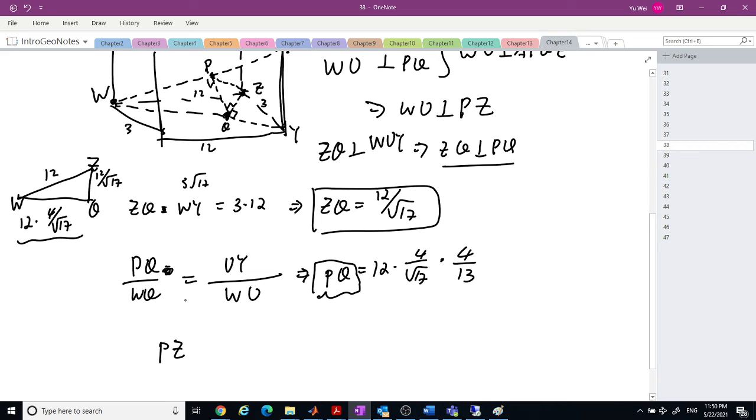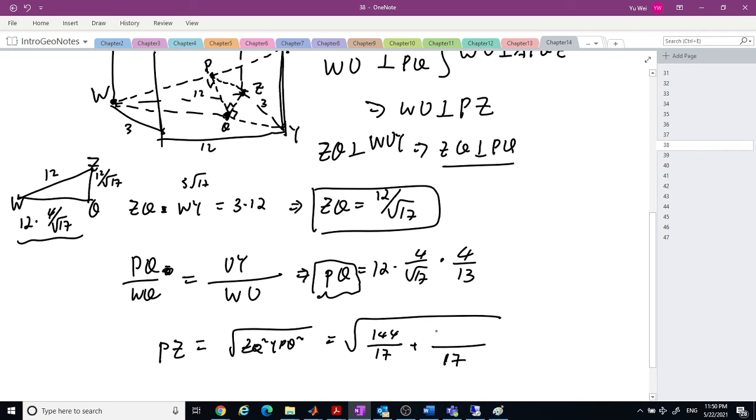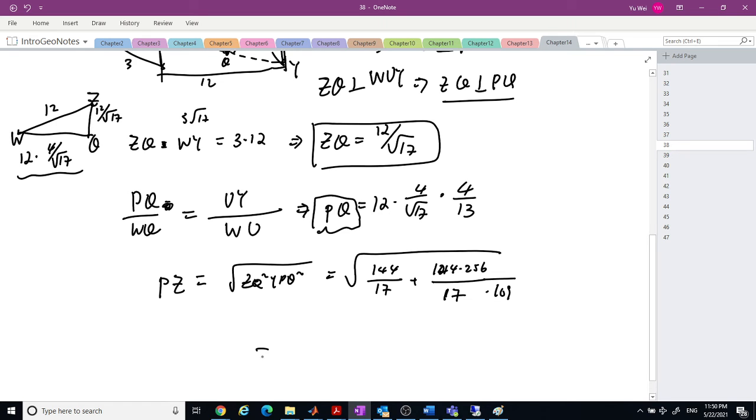That's Z to the line of this, right? This one is equal to ZQ squared plus PQ squared, which is 144 over 17 plus 144 times 256 over 169, is equal to 144 over 17, right?